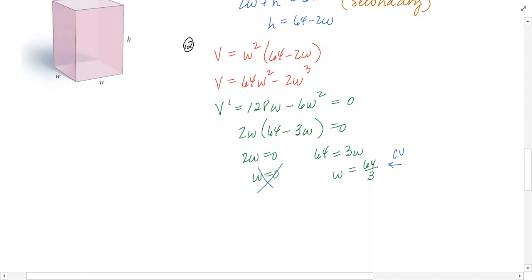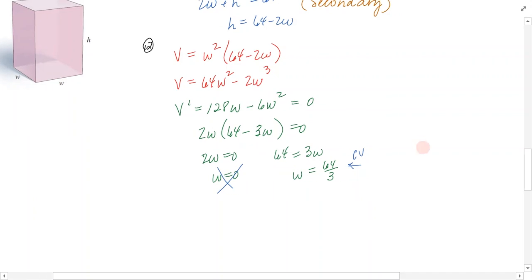So we're going to test and make sure, is that indeed a max? We would do that again by taking the critical value of 64 over 3 and evaluating the derivative V prime to the left and to the right of 64 thirds. When we do that, we find out to the left it's positive, to the right it's negative.